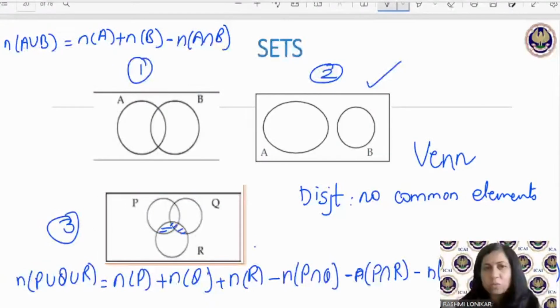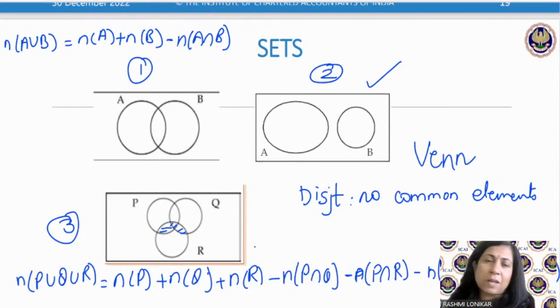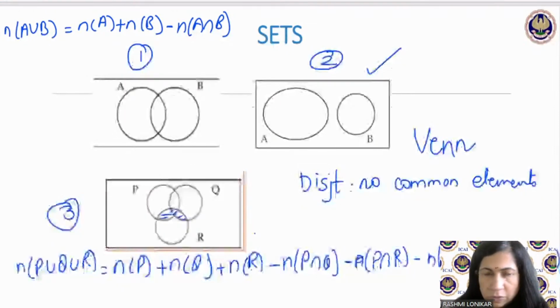So this is what you must remember. They may even show you the diagrams and ask you which of them is disjoint. That also you will be able to do. If they give you the diagram and ask you to write down the formula, I mean write down means tick the correct option, in that case also you will be able to do.